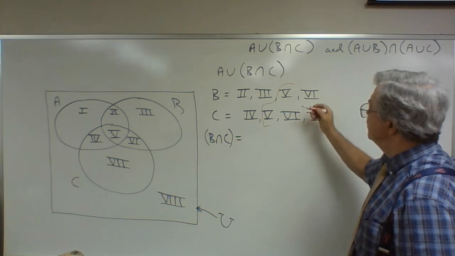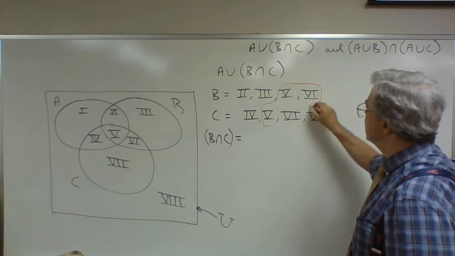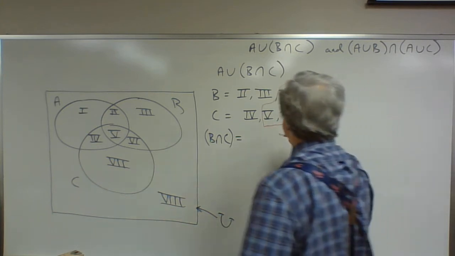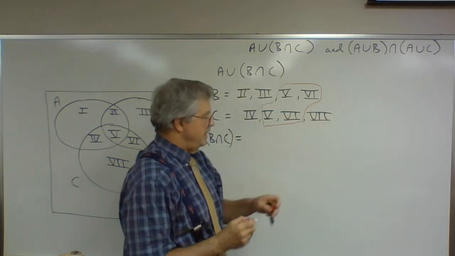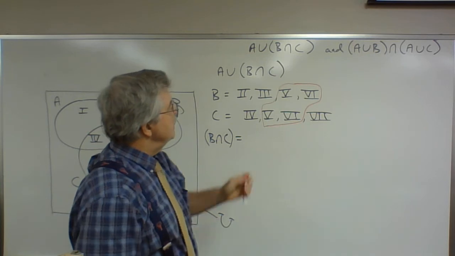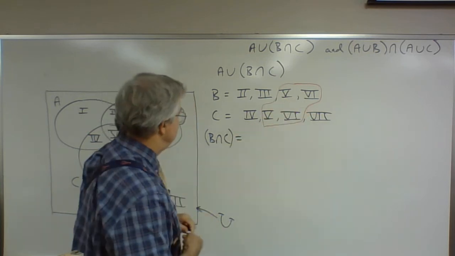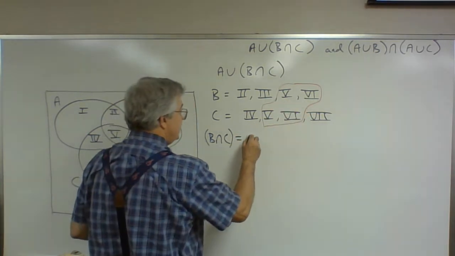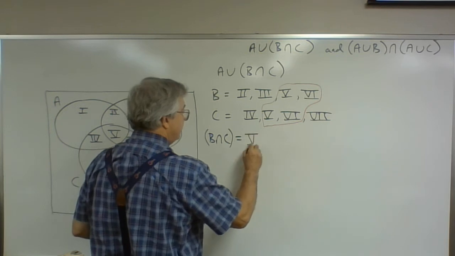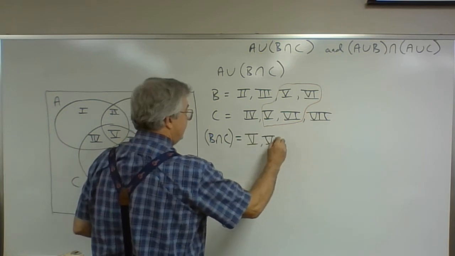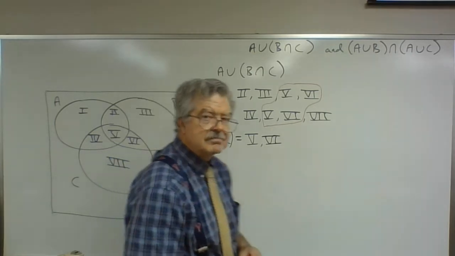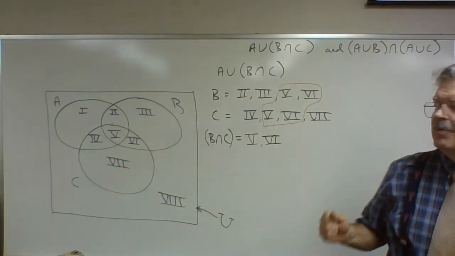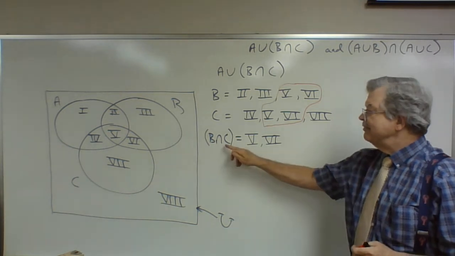Region 6 is in both. And region 7 is in C, but not in B. So regions 5 and 6 are in B intersect C. Bravo, we got B intersect C.